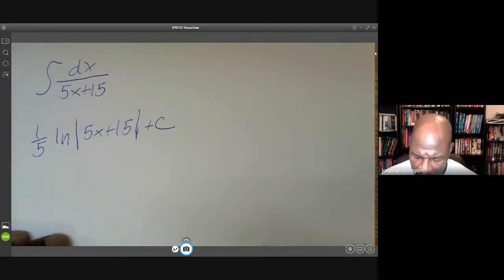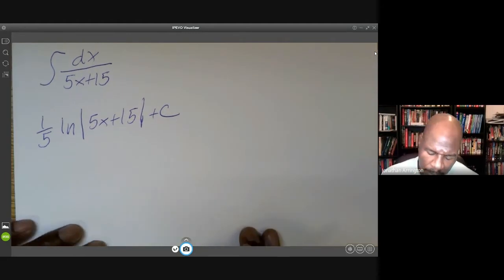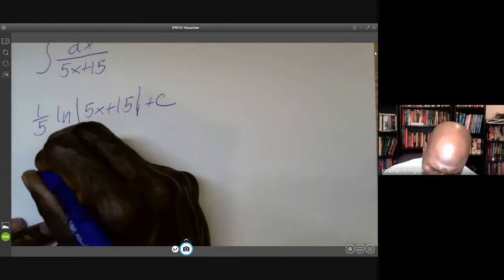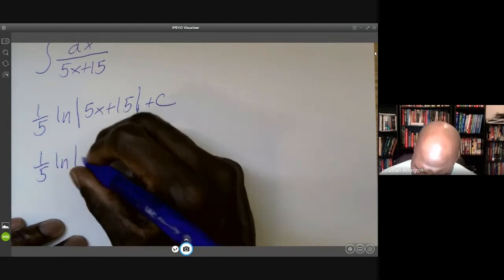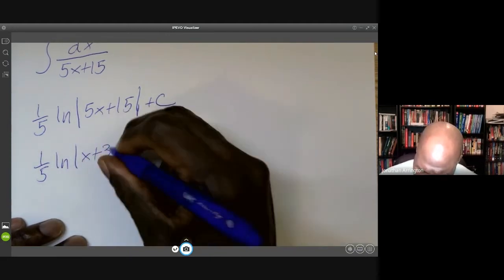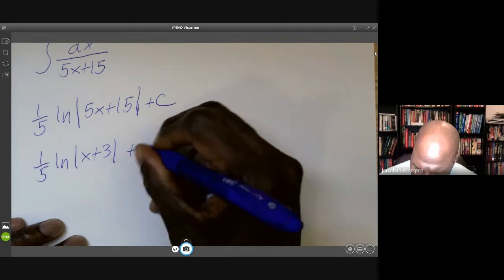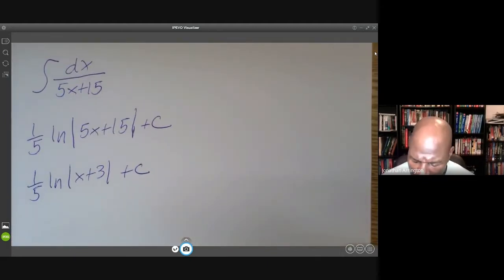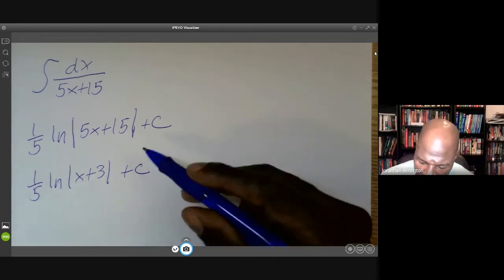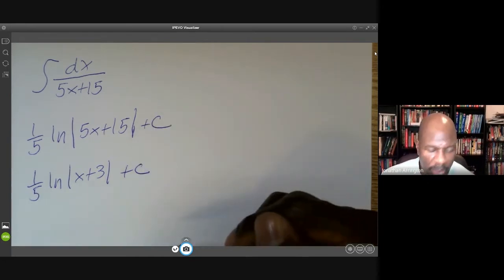And that's the correct answer. Another student obtained the following answer: 1/5 ln of the absolute value of x plus 3, plus c. And that is also the correct answer. So they couldn't understand, and maybe you can't either, how these two can actually be equivalent.